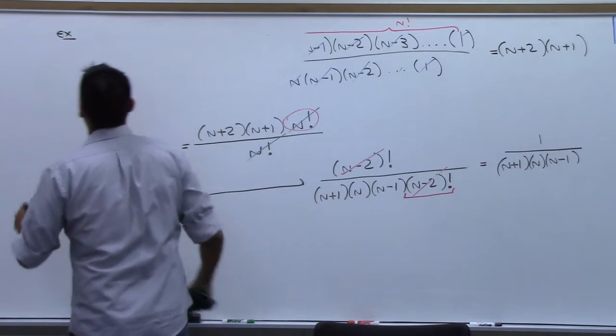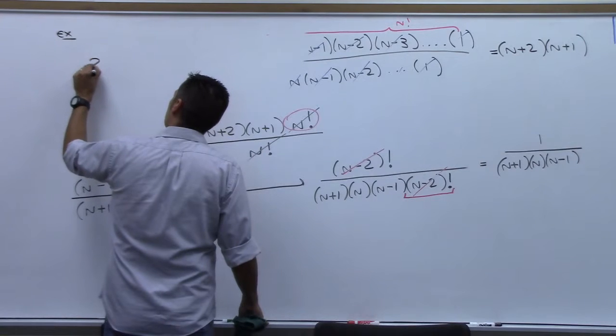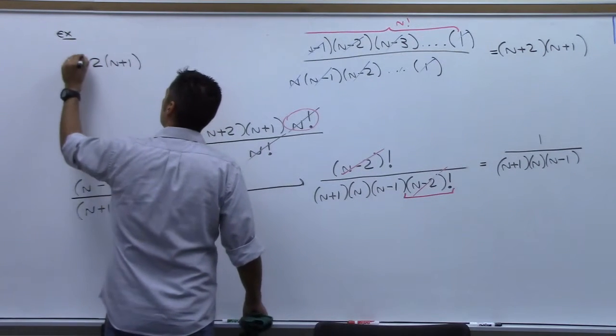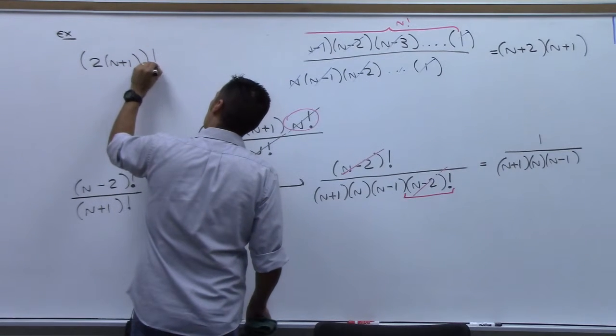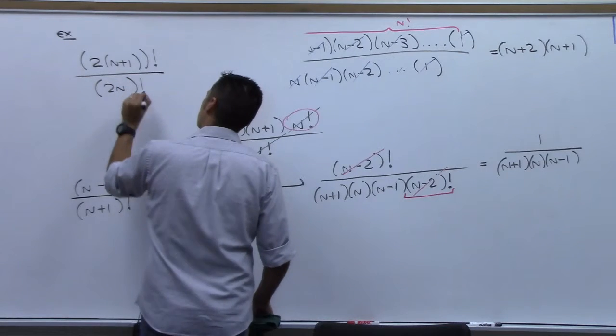How about this? What's 2 times n plus 1 factorial over 2n factorial?